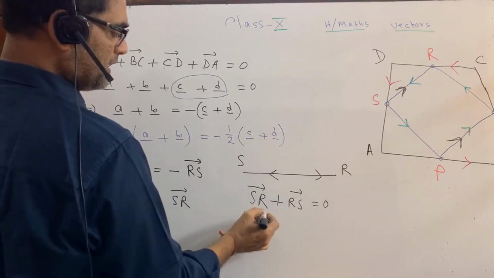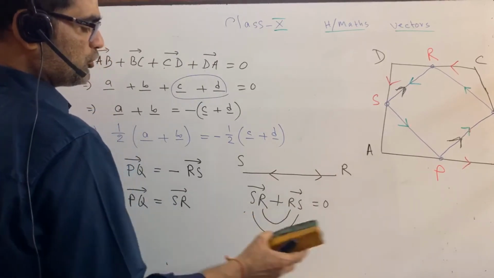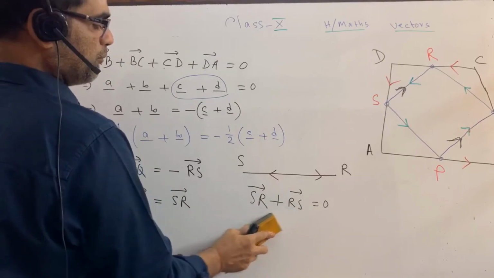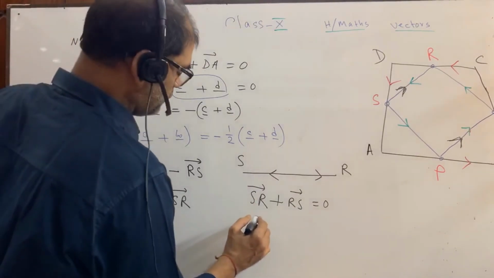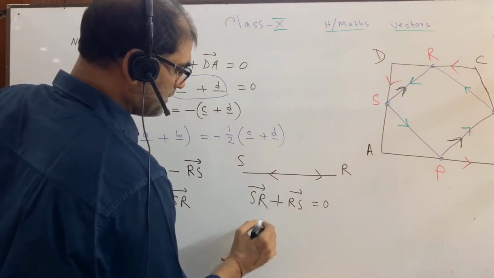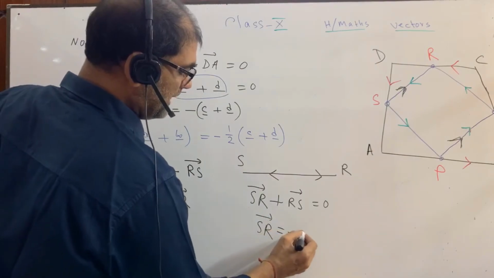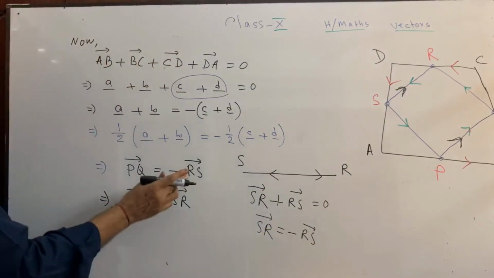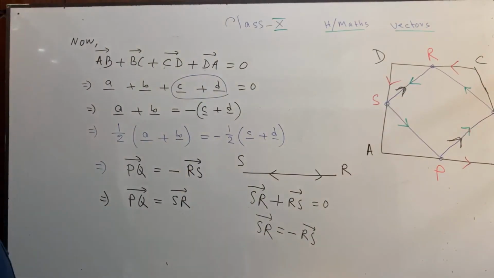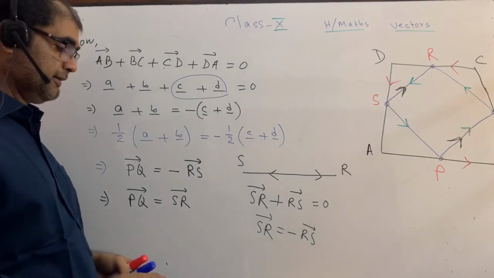Moreover, RR will be omitted, SS will be omitted. That means from here we can write SR is equal to minus RS. For this, minus RS has been written as equal to SR.